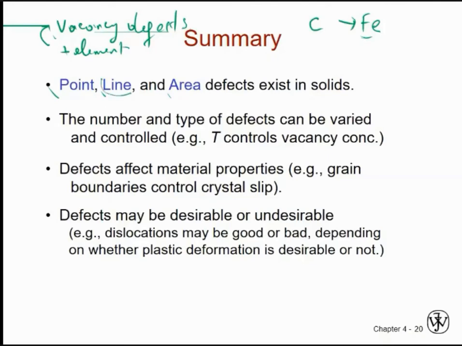And again, in line defects, we may have some edge dislocations or screw dislocations. But I know that these dislocations help in plastic deformation. If I want my material to be strong and not to deform, for example, imagine you have a building, and that building is supported by pillars. Would you like these pillars to deform under the weight?